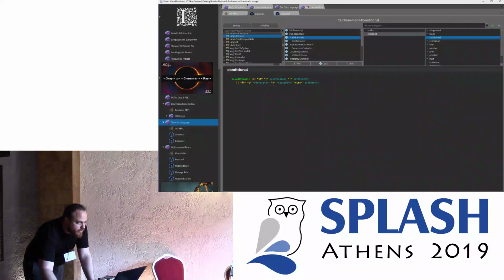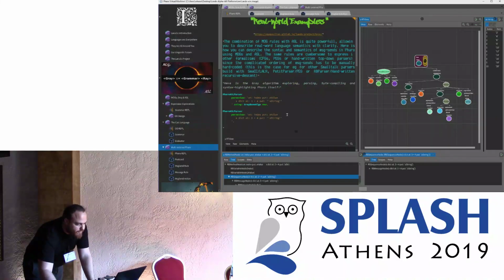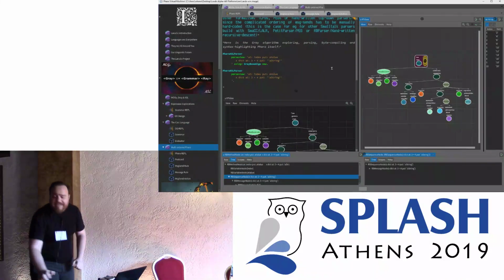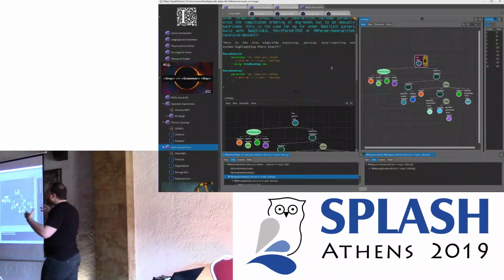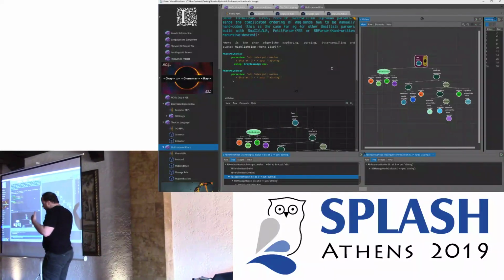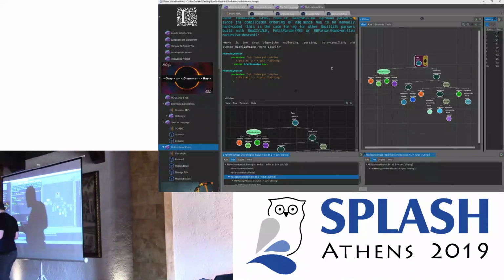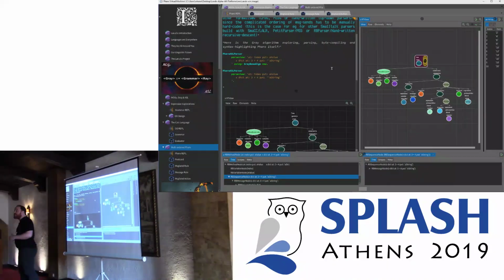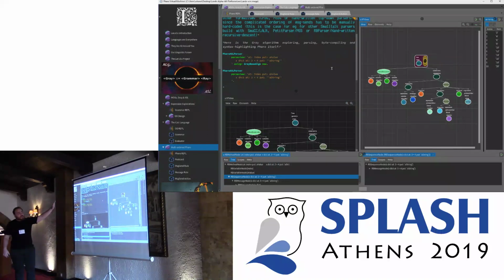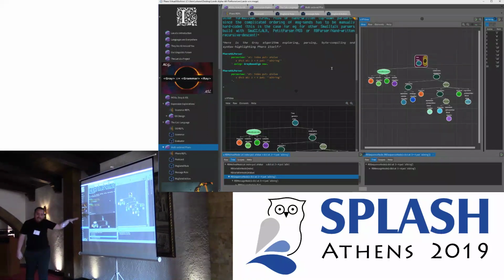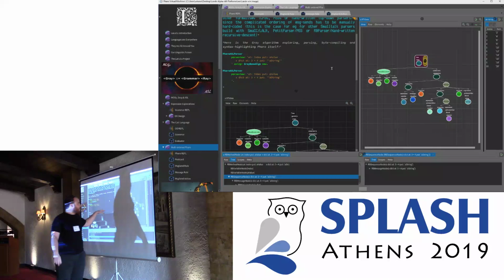So we saw the grammar, and of course, you guessed it, we can level a little bit up and have realistic examples like a full Pharo parser. We followed the same workflow here.